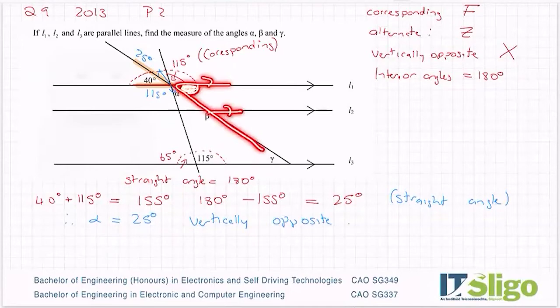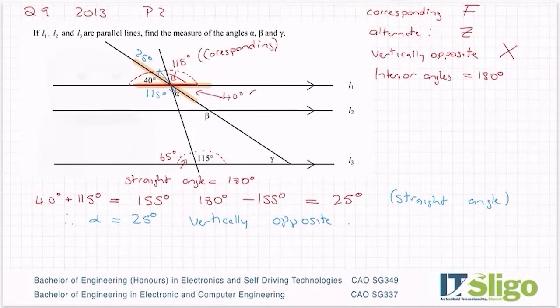So whatever angle this is, it's the same as the one under here. Why am I doing that? Well, there's a straight angle. So if I find this one, I can take it away from 180 to give me beta. So what is this angle here? Well, we already established earlier that that was 40 degrees because it was vertically opposite the 40 degrees that was here.